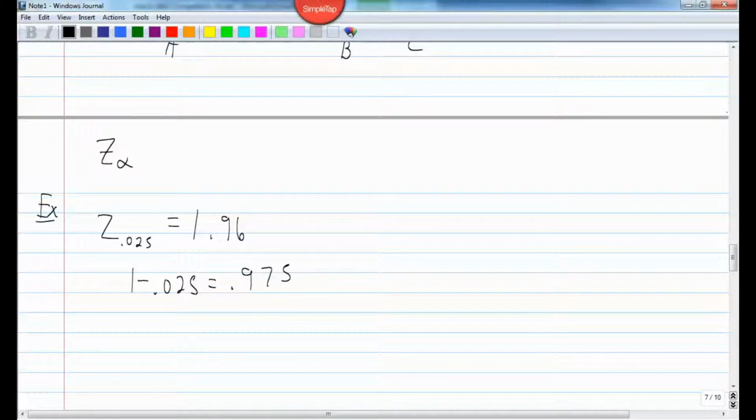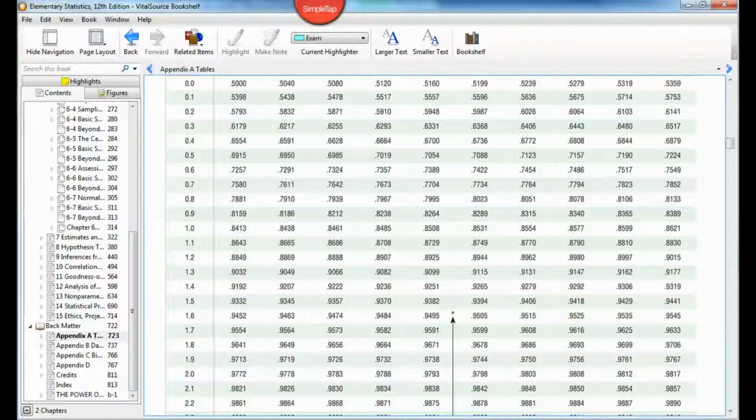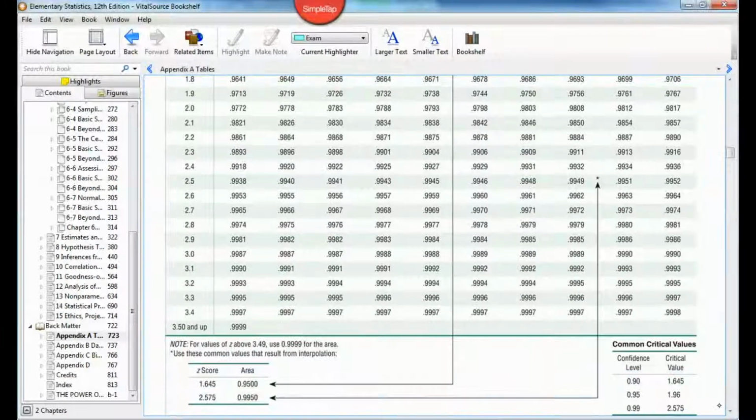Okay. What if I wanted to know z sub 0.005? So this is the area to the right of the z-score. So I'd want to look for the area 1 minus 0.005, or 0.995. That's the value I'd want to look up in the table. So look as close as you can get to 0.995.